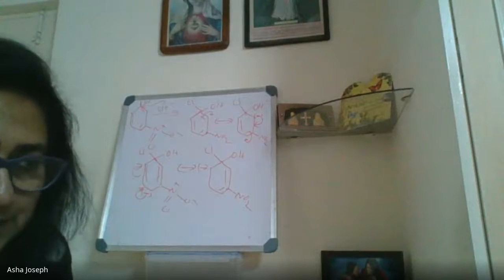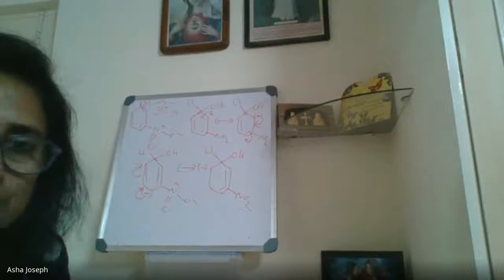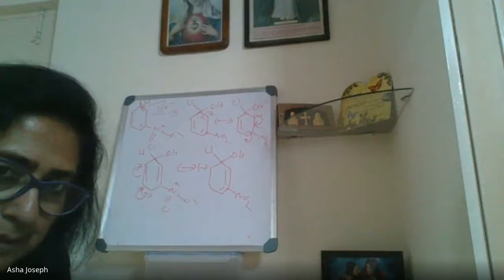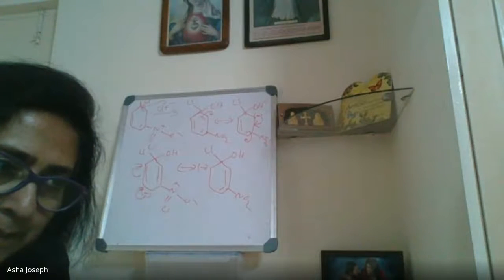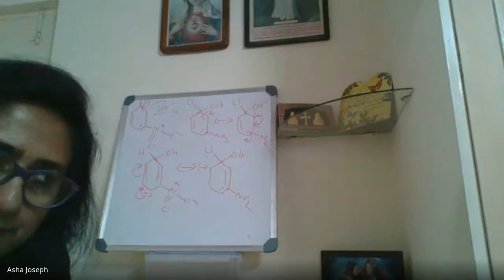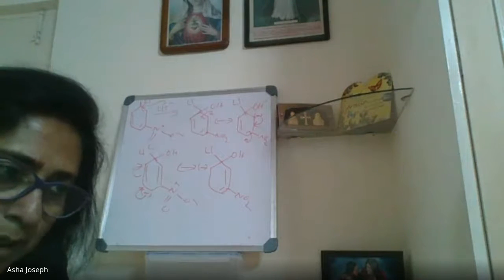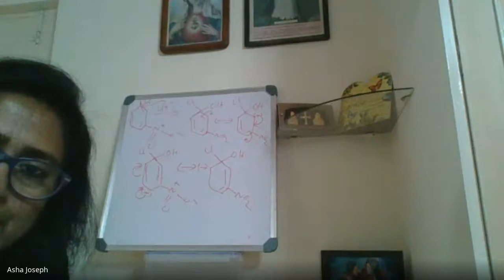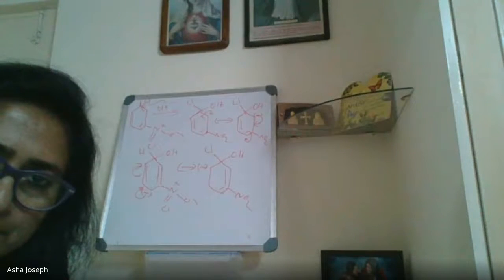Meta position negative charge is not coming. Negative charges are only at the ortho and para, and our nitro group is at the meta position. If negative charge is not coming to that carbon, how will it withdraw? It will not withdraw electrons, isn't it?